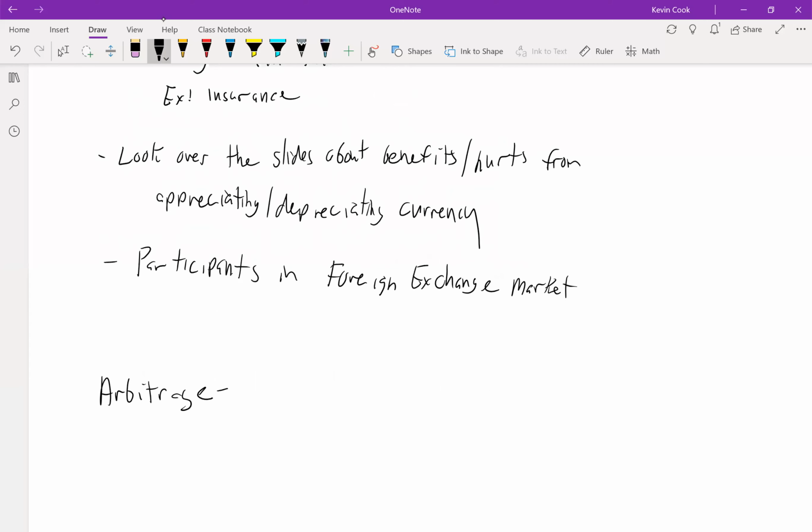And what arbitrage is, it's kind of this thing that happens where I can buy a good in one country cheaply, then take advantage of the exchange rate, then sell it in another country at a higher price.